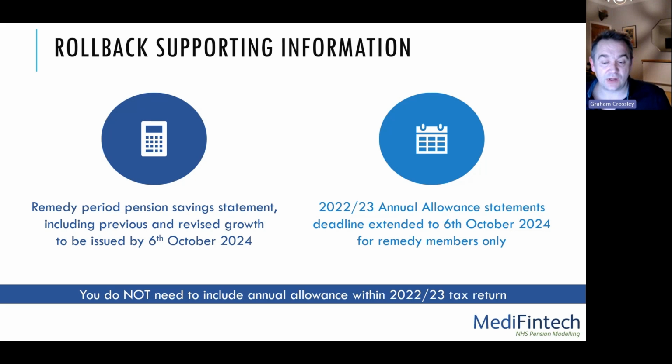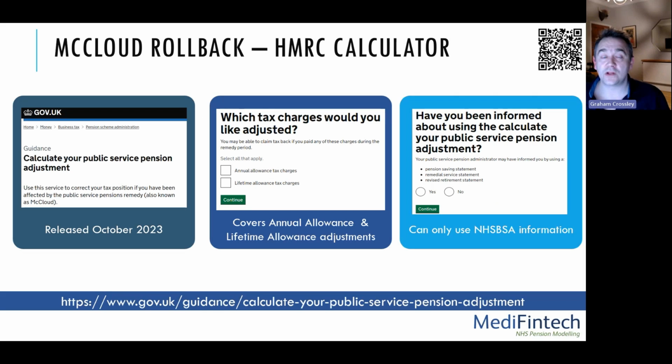So you didn't need to include 22-23 within your tax return for last year. Once you've got that information, and only once you have that information, you can then use the HMRC's new digital service in order to report these changes. You can have a look now and have a play around if you want to. The URL is on your screen, or you can scan the QR code.